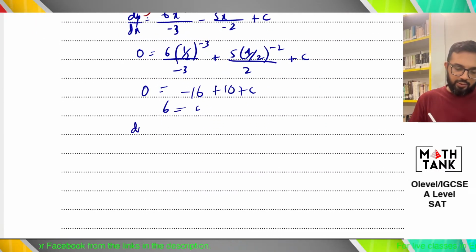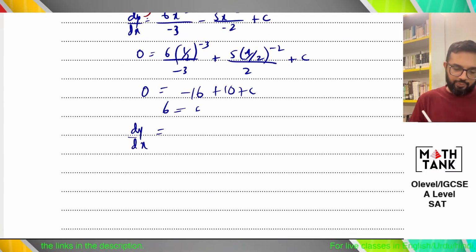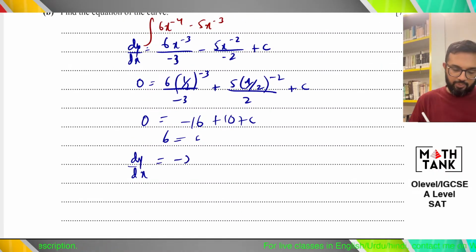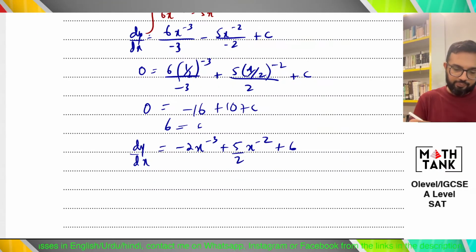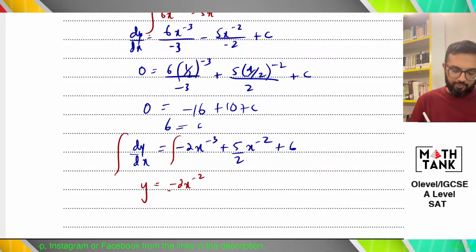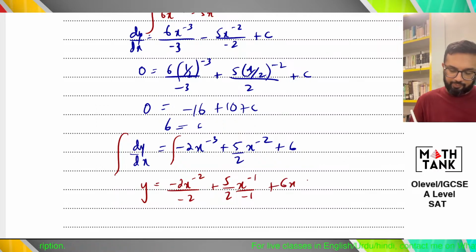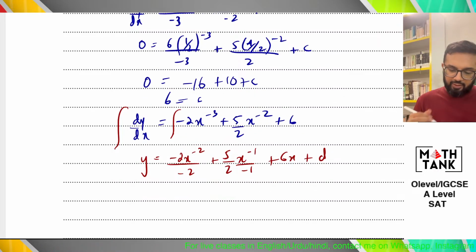Then I integrate this again, dy by dx equal to -2x power -3 plus 5/2 x power minus 2 plus 6. When I integrate that, I get y equals to plus d.